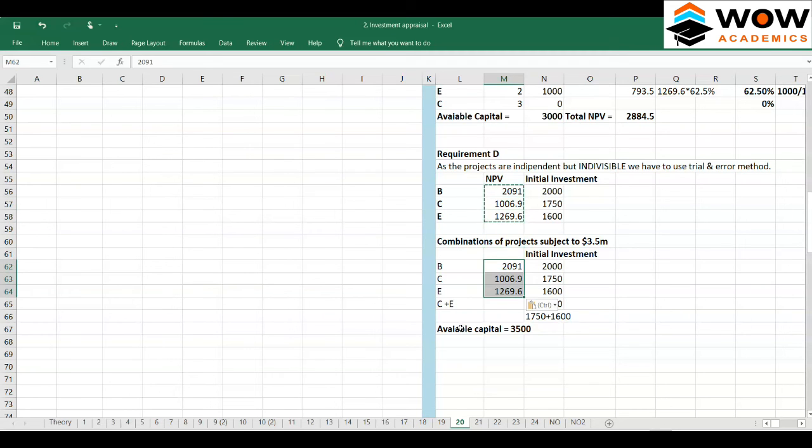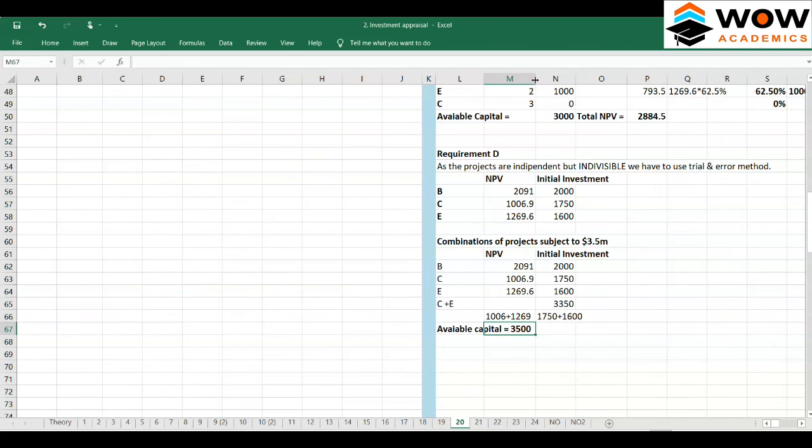The NPV for these would be these numbers, and for the C plus E project it would be 1,006 plus 1269, right? It would be 1269. So let's get the answer. The answer comes to 2275.